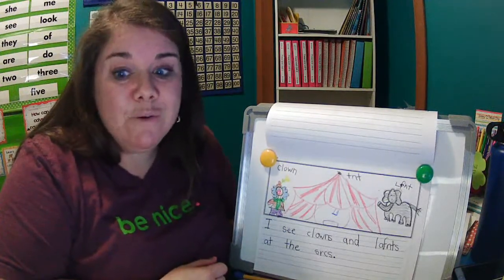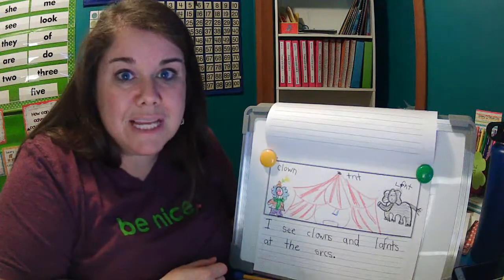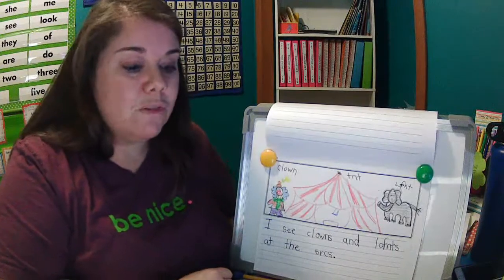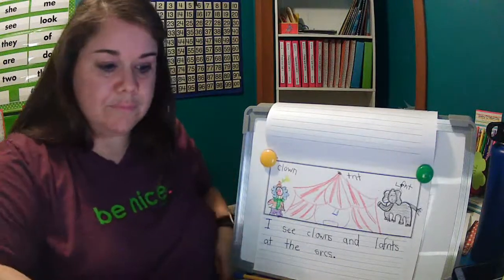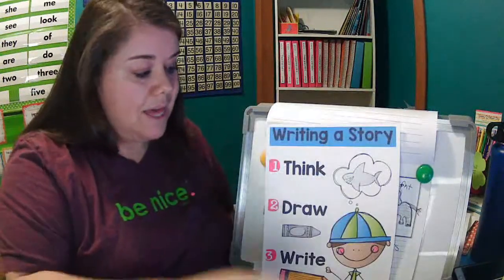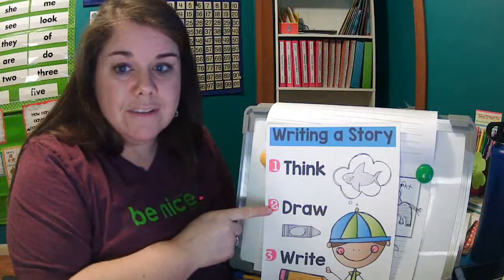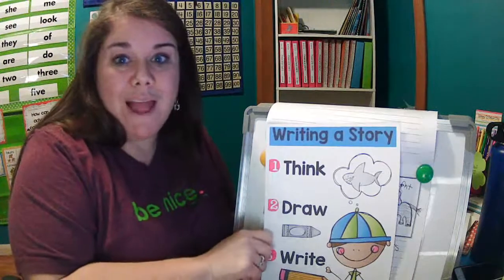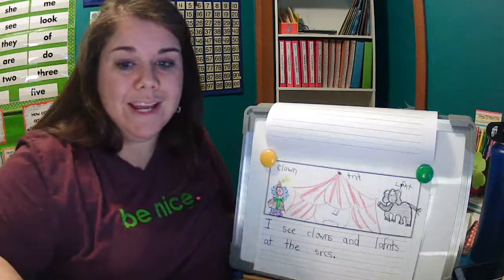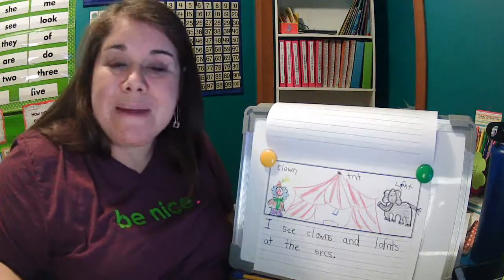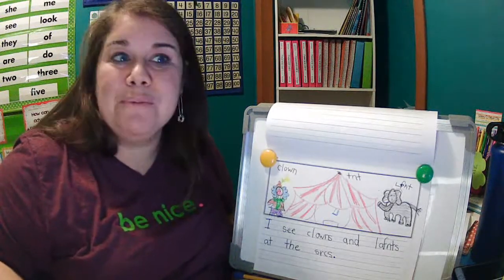We're going to see if you can work for 11 minutes today. So we're going to add 1 minute to yesterday's writer's workshop. So think of an idea. Think of your idea. And if you don't know, visit your writing topics. Then draw your picture. Don't forget to add your labels. And finally, write your story. Okay, boys and girls, keep working the whole time, and I can't wait to see what you write for me.